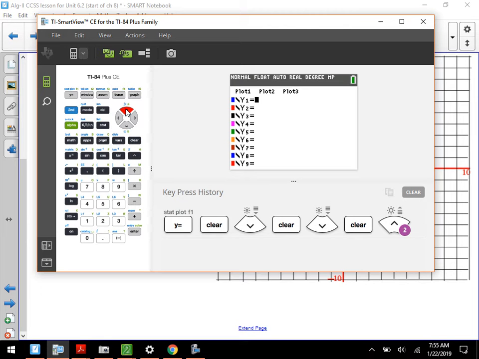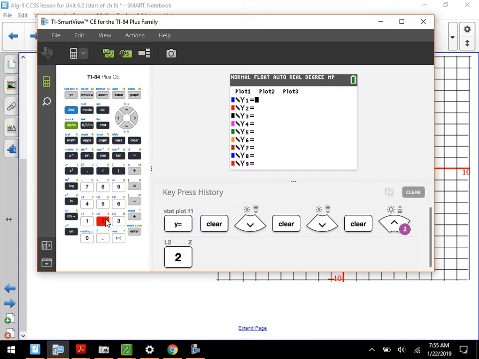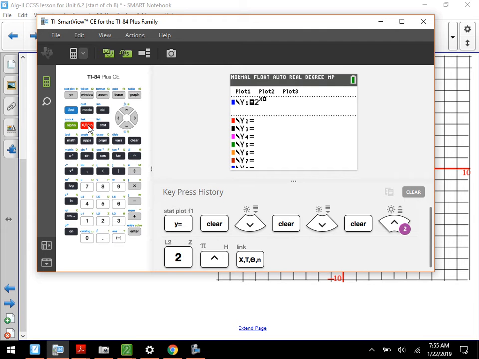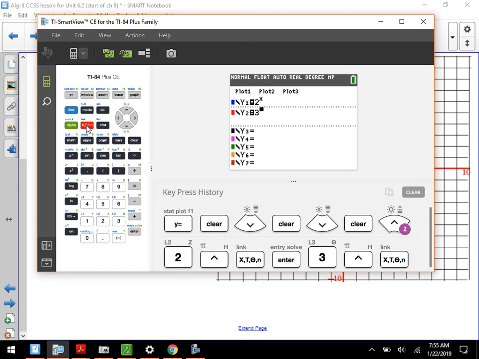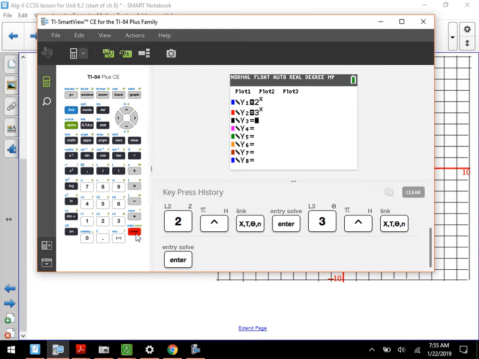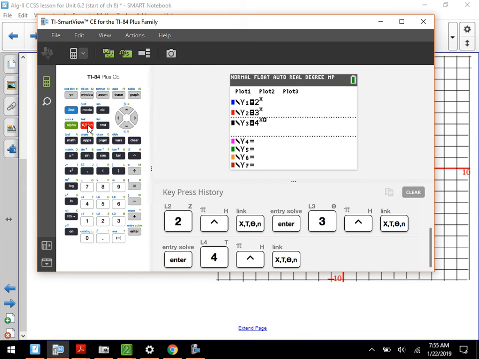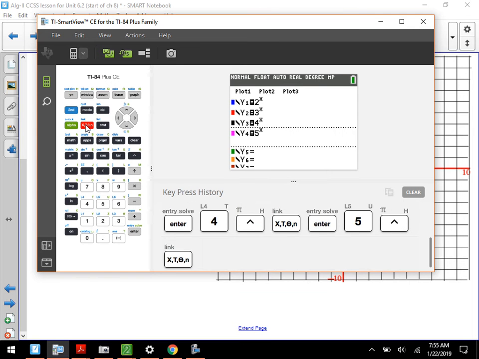And I'd like us to put in 4 graphs. I want to go 2 to the x, 3 to the x, 4 to the x, then 5 to the x, and hit graph. Okay.